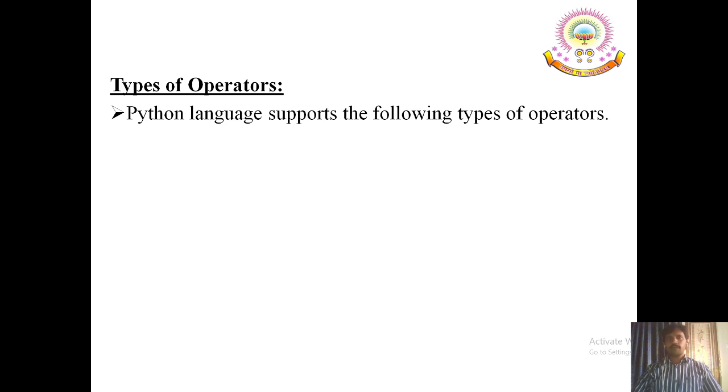Python language supports the following types of operators. First, the arithmetic operators. As we know very well, the arithmetic operators are used for performing arithmetic operations like addition, subtraction, multiplication and division. And in Python we have more flexible kinds of operators to perform arithmetic operations. Let's see them in detail later.